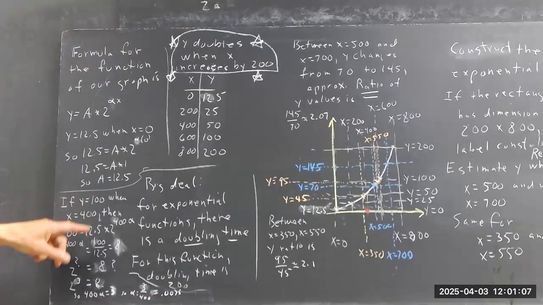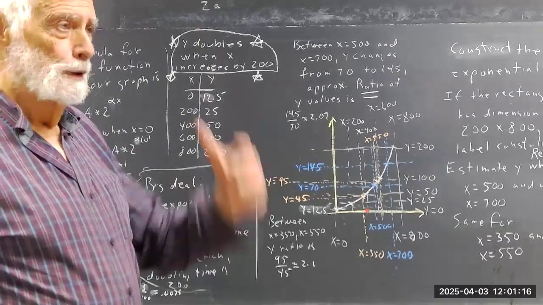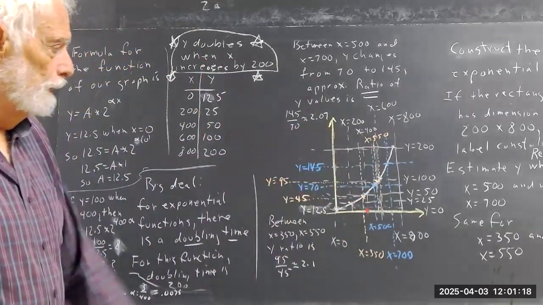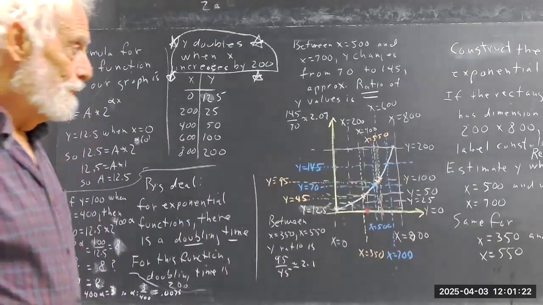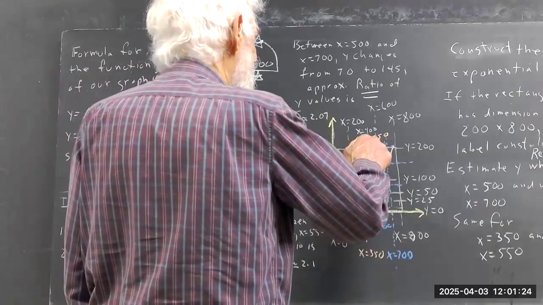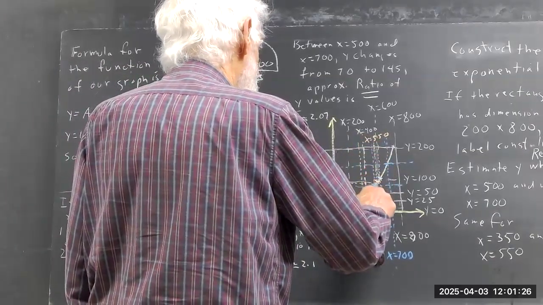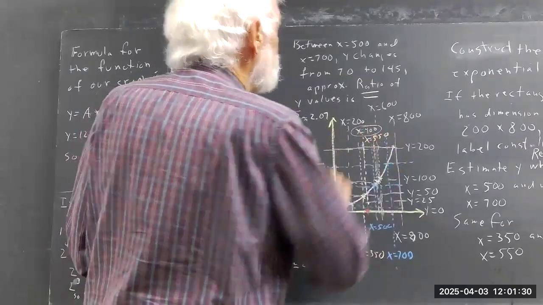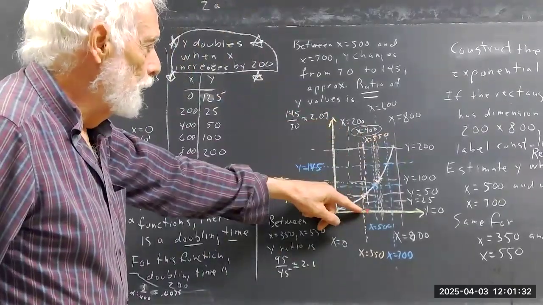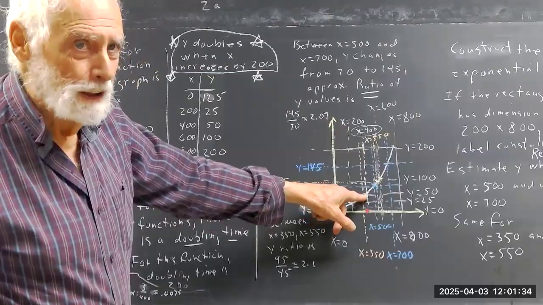Then I said if y equals 100, x equals 400, right? Well, that's where I did a real bonehead thing, because I'm looking at the graph over here, and I'm looking about here, and I'm seeing 100, right? And I don't see my x equals 400 line, which I labeled kind of small, which is right here, which gives me y equals 50, not 100.